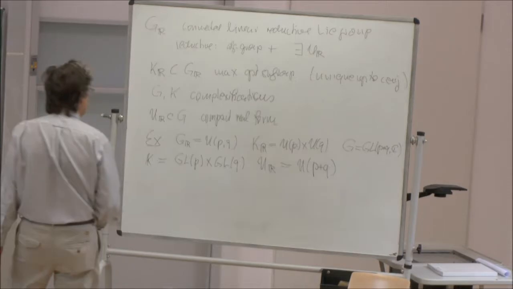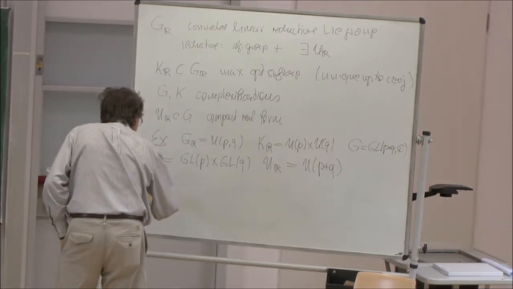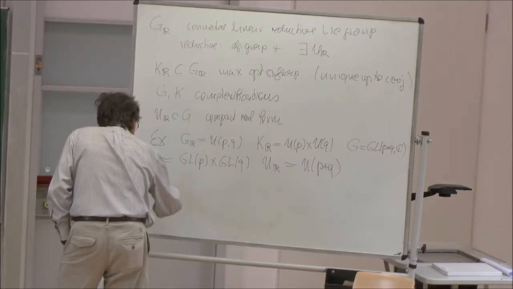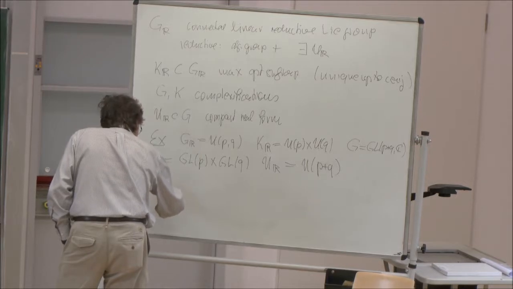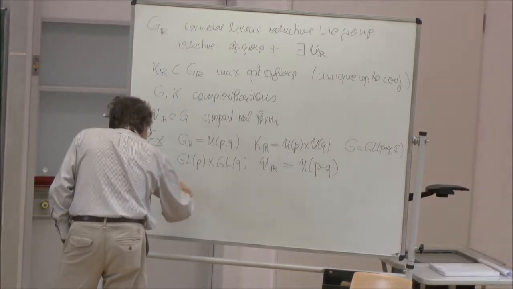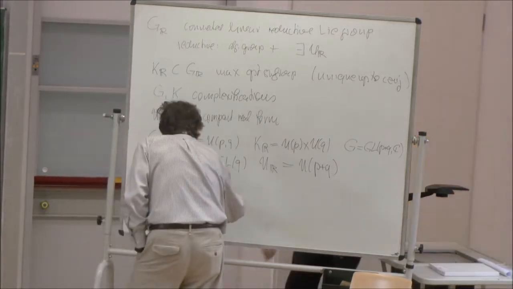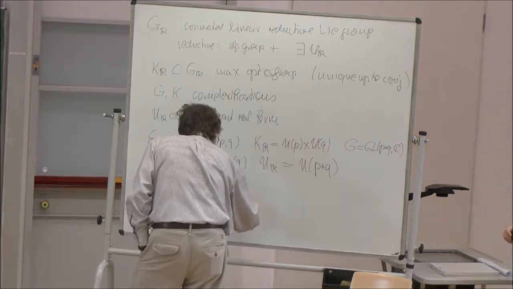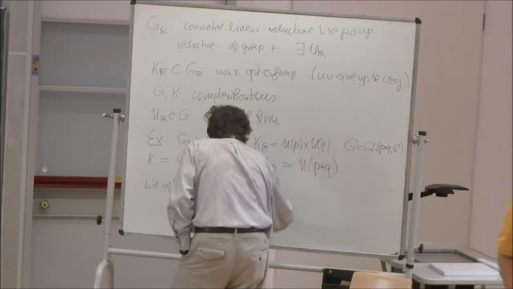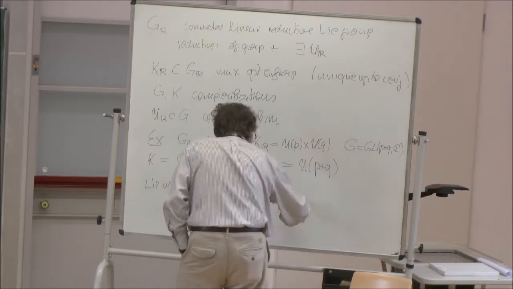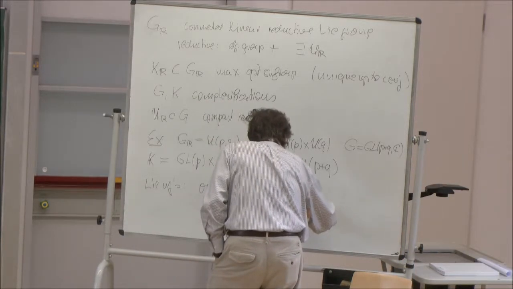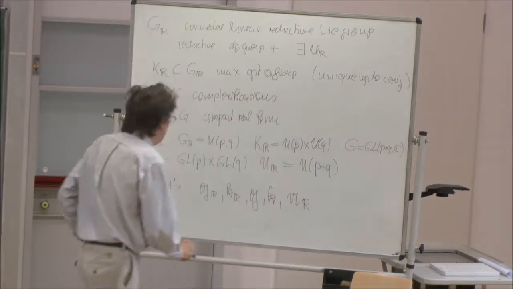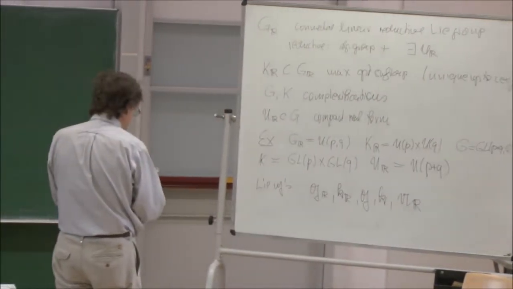So, as general notation, I will denote the Lie algebras by g_R, k_R, g, k, and u_R. Okay, so that is the general setup.